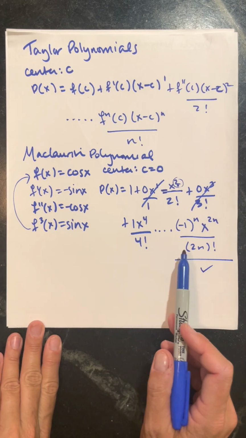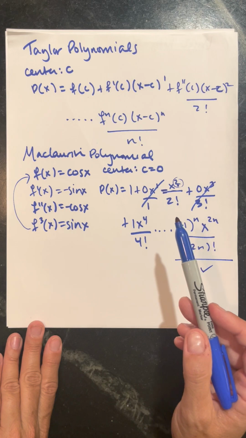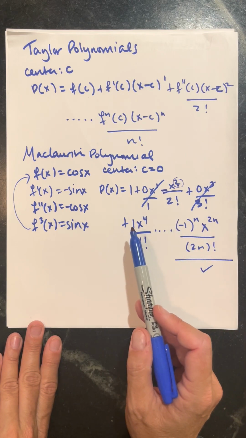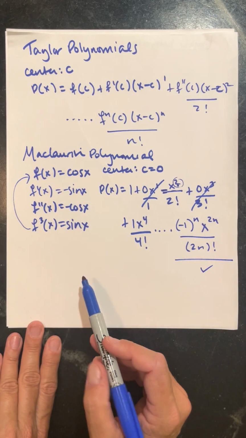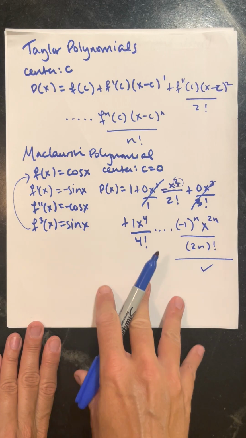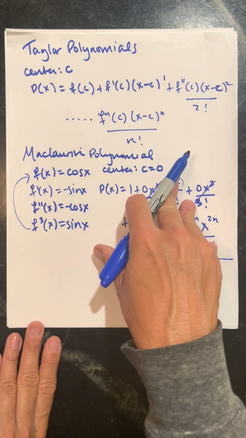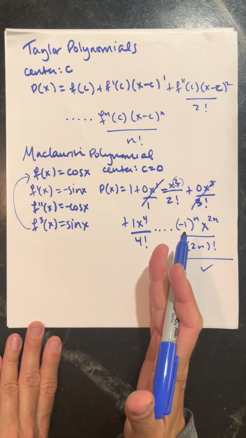And I can see that this is an alternating series. My alternating series remainder will work here. This in fact works for all of my Taylor polynomials, which includes all of my Maclaurin polynomials. And remember that with my alternating series, the remainder is less than the next term. So if I go out 5 terms, my remainder is less than the 6th term.